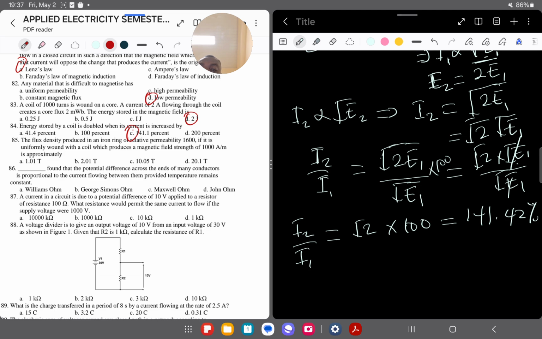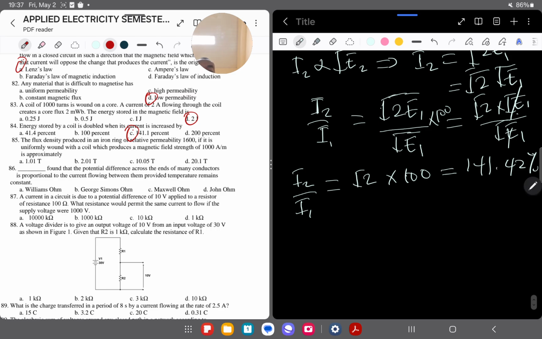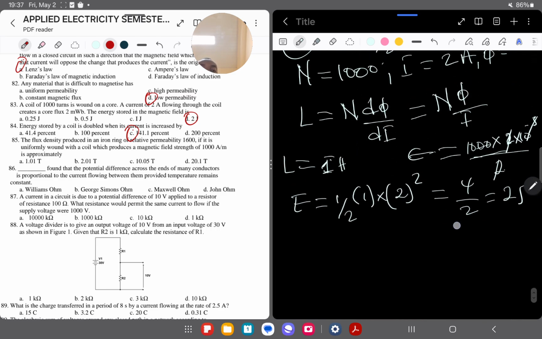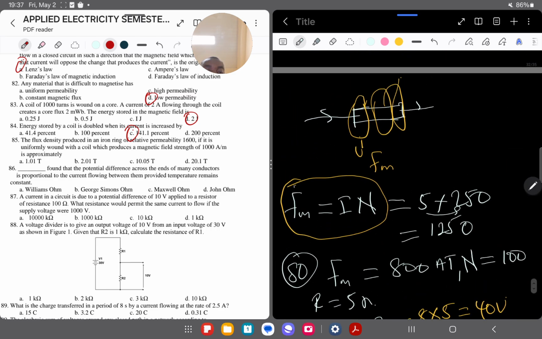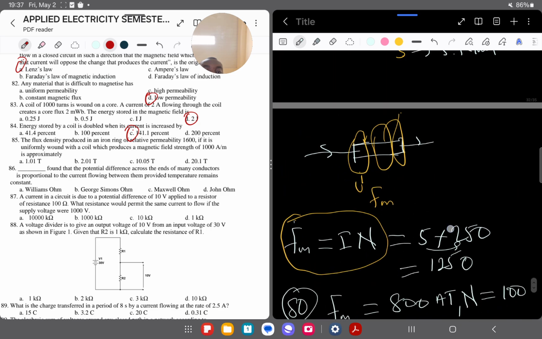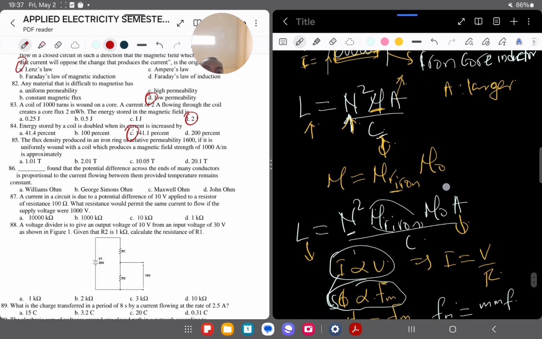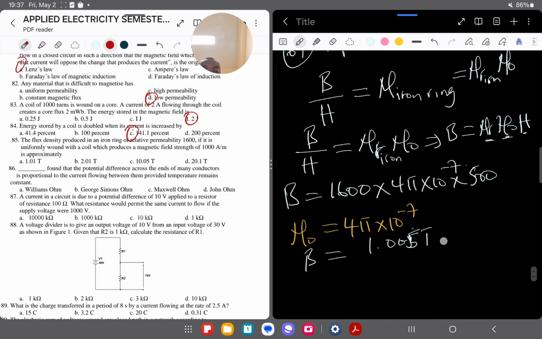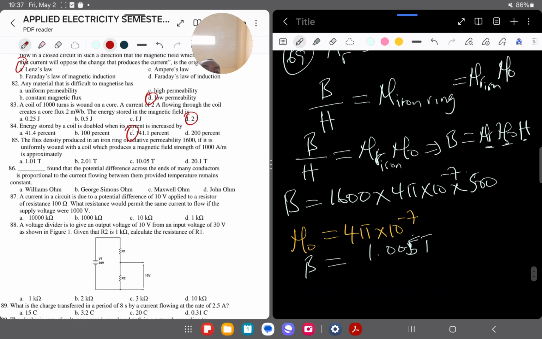I think this is similar to the same question we solved earlier, right? Here again we are interested in the magnetic flux density. So again, I'm not going to write the formula. We already wrote it; it's somewhere here. It's the same formula.